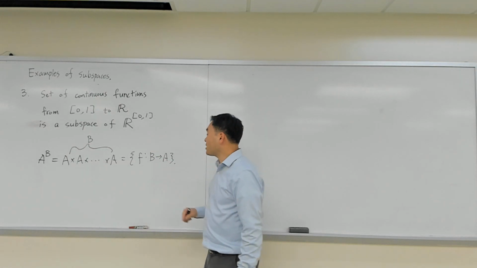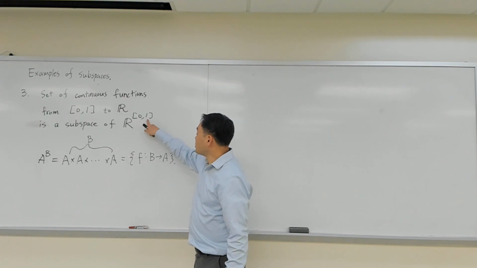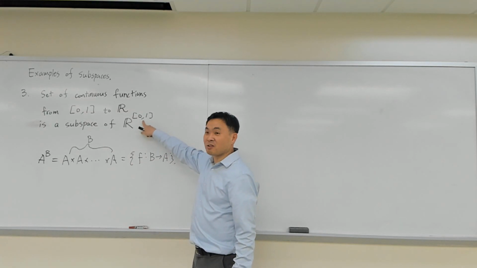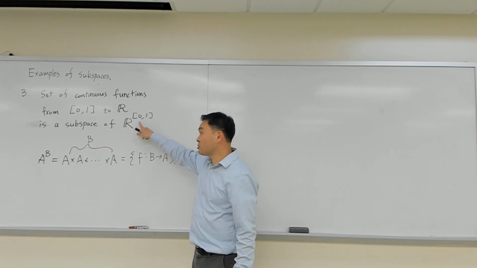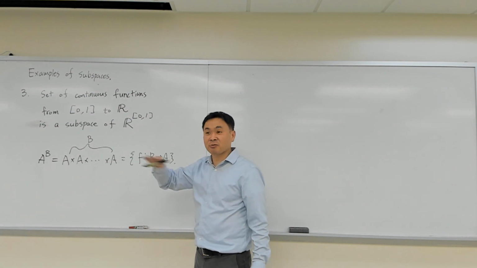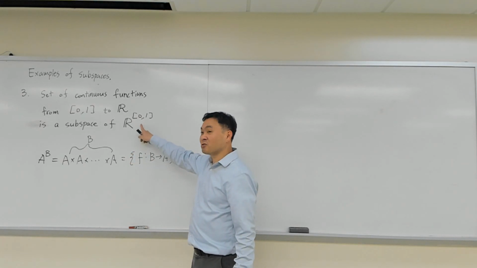So I explained that last time. So R^[0,1], according to this one, means it's the set of all the functions from the interval 0, 1 to R. So it's a real valued function on 0 to 1. Now there are many different functions in here.